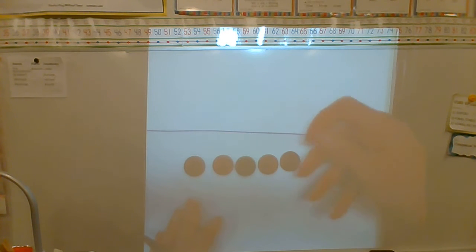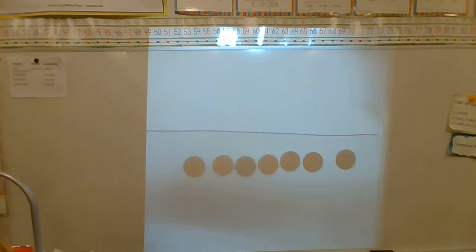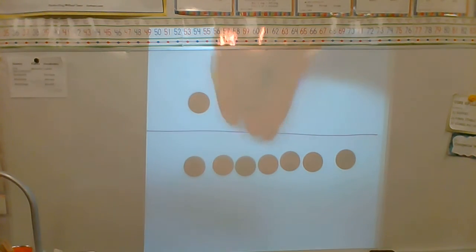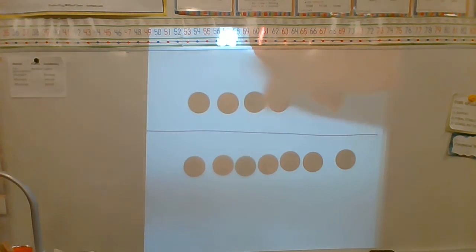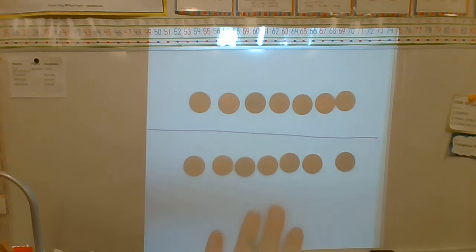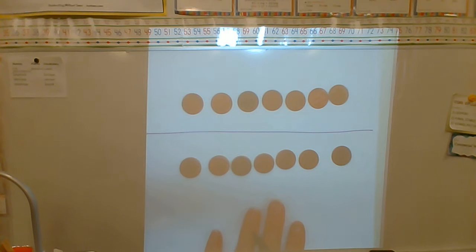That's right. 7 for you and 7. Here. 1, 2, 3, 4. And 7 for your friends.